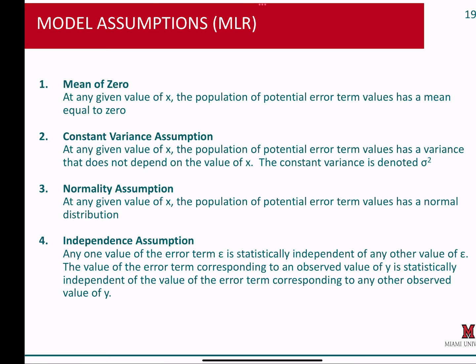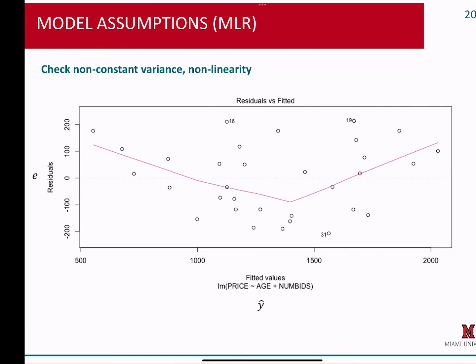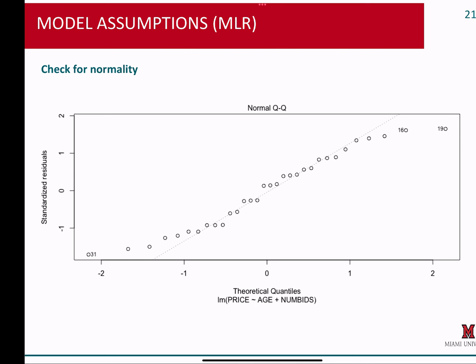The assumptions are the same: the mean of the error term is 0, constant variance of the error term, normality of the error term, and independence of the error term as well. We can check these assumptions by checking the residuals. For example, to check for non-constant variance or non-linearity, we can plot the residuals against the predicted values. If we see some pattern like this, then the data does not behave linearly. Similarly, we can check the normality of the residuals by using the QQ plot.